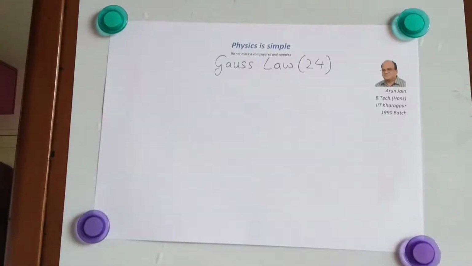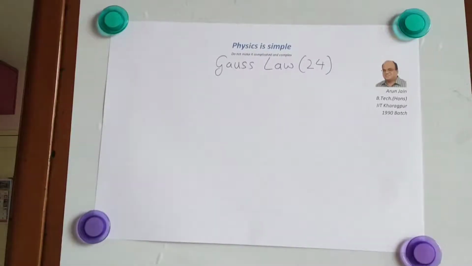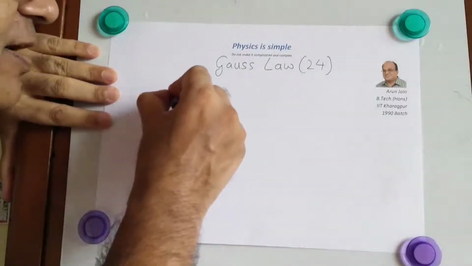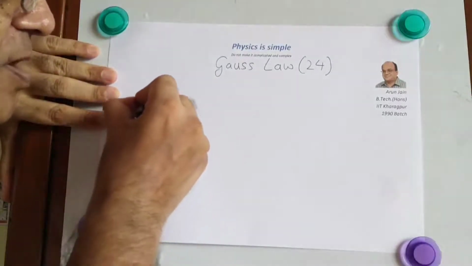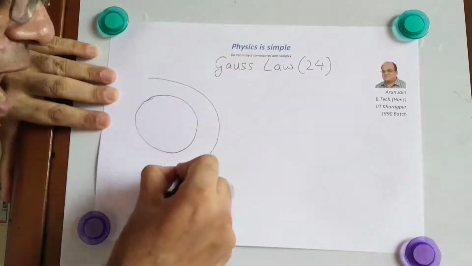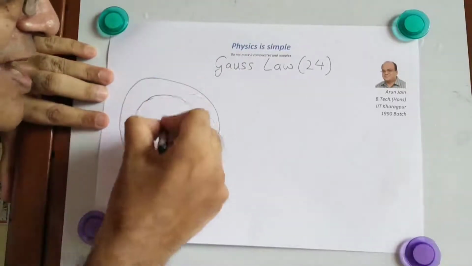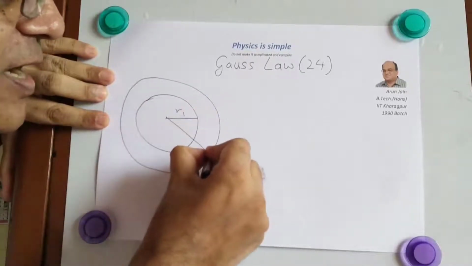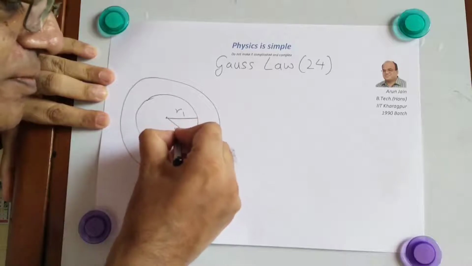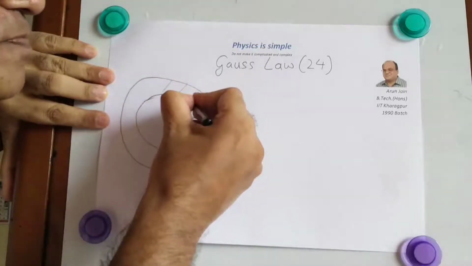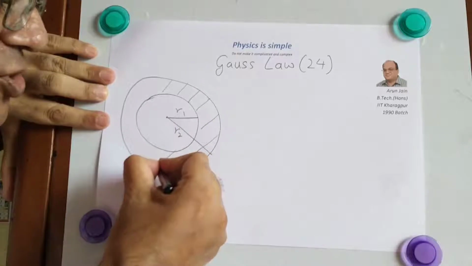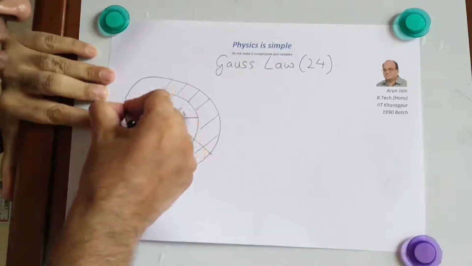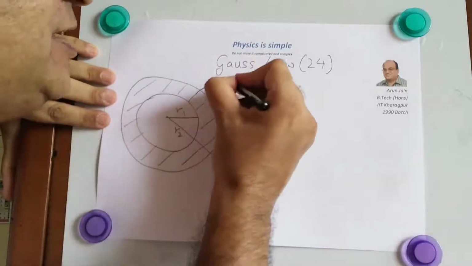Now in this lesson, we are going to take up a good problem. There is a hollow sphere, non-conductor, and this is having an inner radius R1 and outer radius R2. Charge Q is uniformly distributed here because this is a non-conductor.